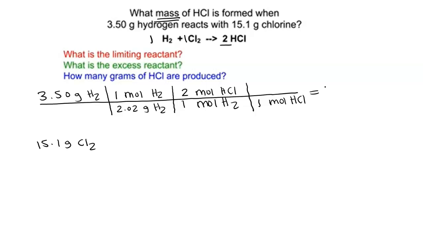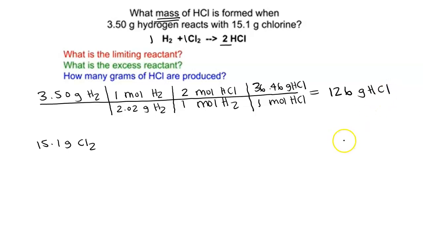We'll go ahead and add 1 hydrogen and 1 chlorine for a mass of 36.46. So calculating from left to right, starting with that 3.5, dividing by the 2.02, multiply by 2, and multiply by 36.46. Rounding to 3 sig figs, this would be 126 grams of hydrochloric acid.